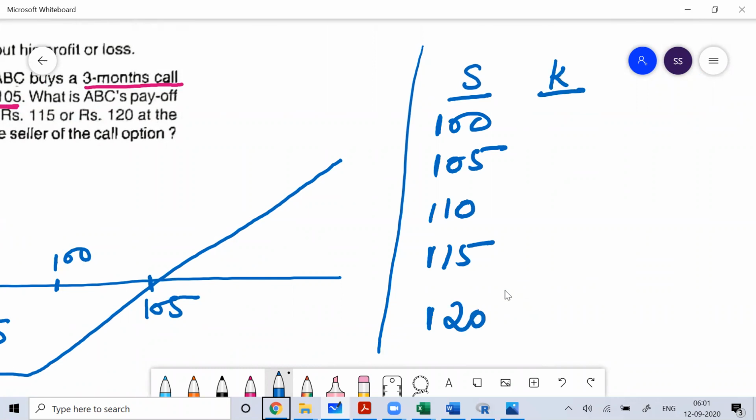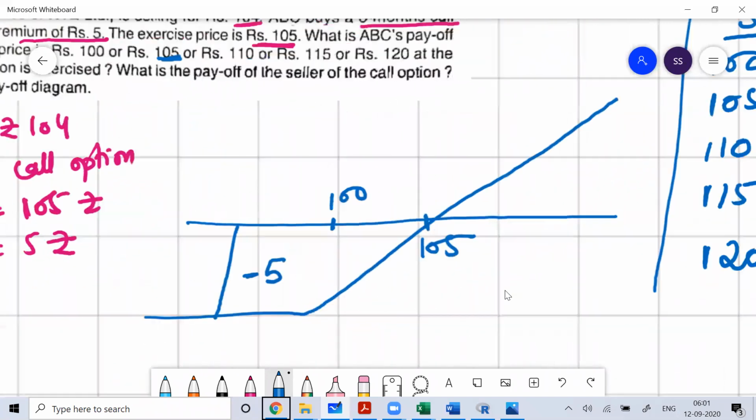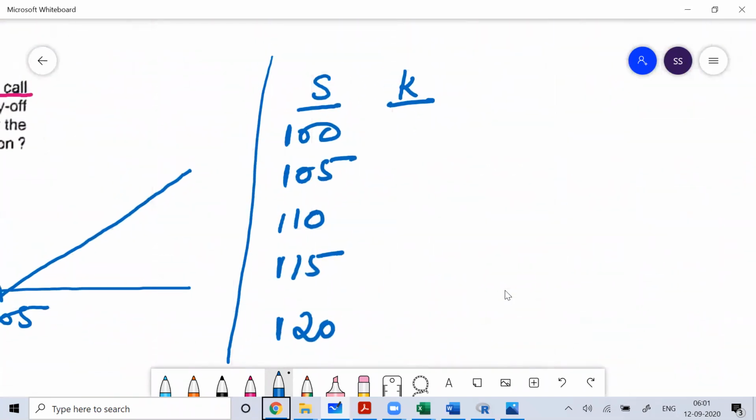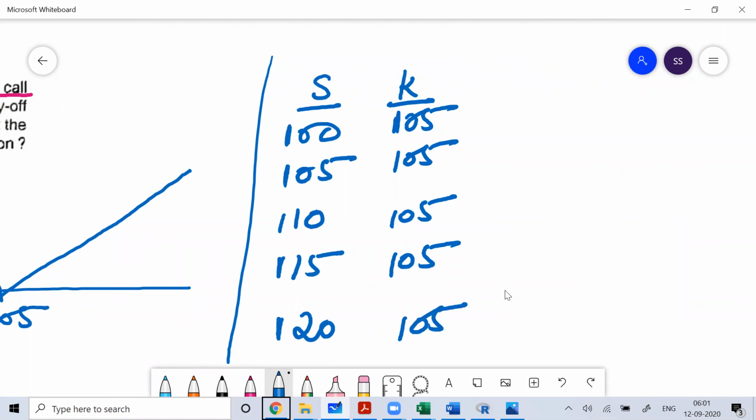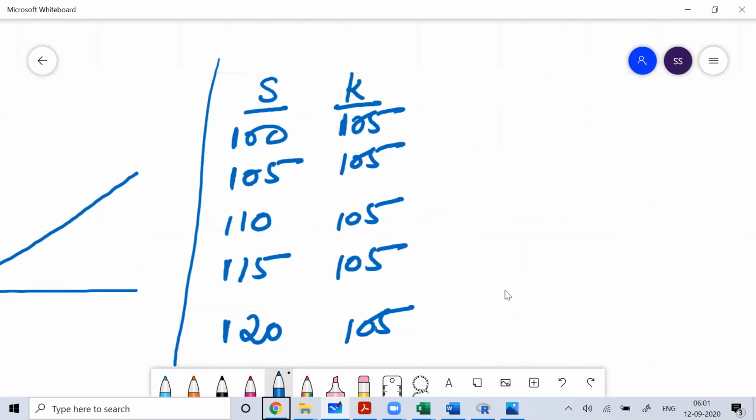And your strike price is 105. So you have the value of S and the value of K.